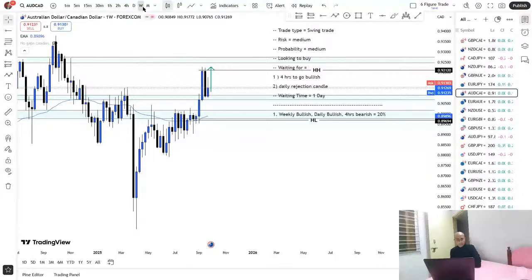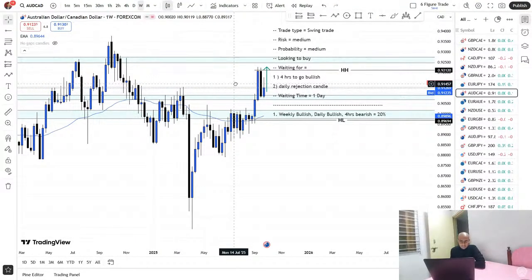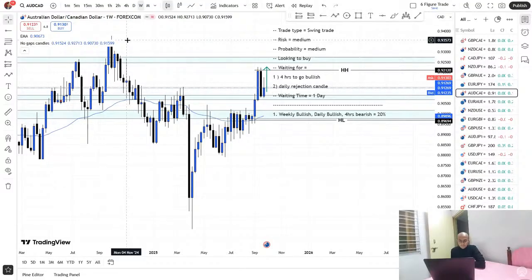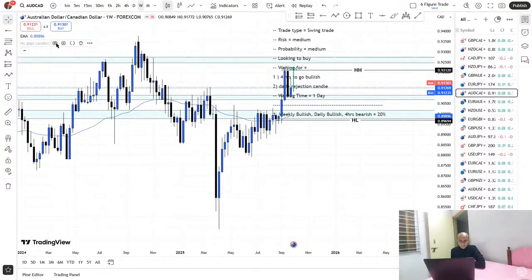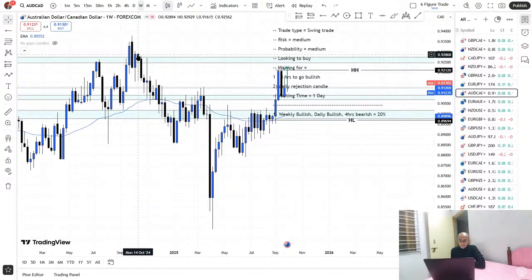Okay. Exact same pattern. Can we find the exact same pattern? Yeah, we can find this. A bullish candle, a bearish candle, close. And then the push is coming on.